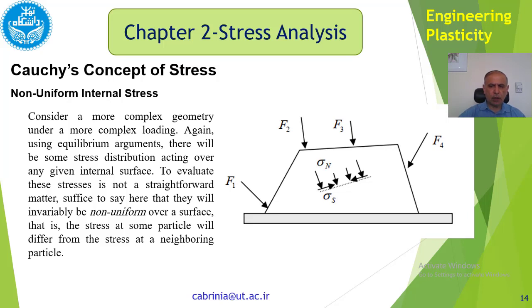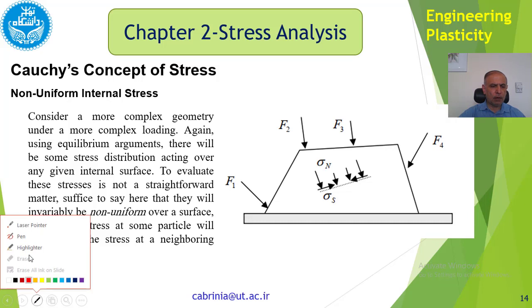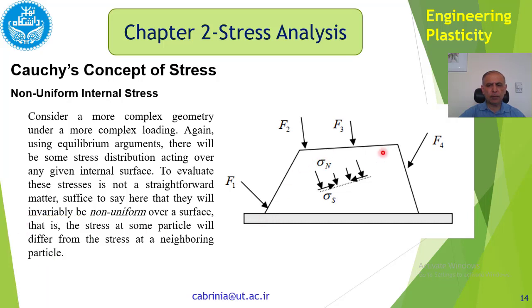For instance, we have this example where we have an irregular shape and we have many forces applied at different parts of this shape, and the magnitude of these forces and their direction also are all different from each other.